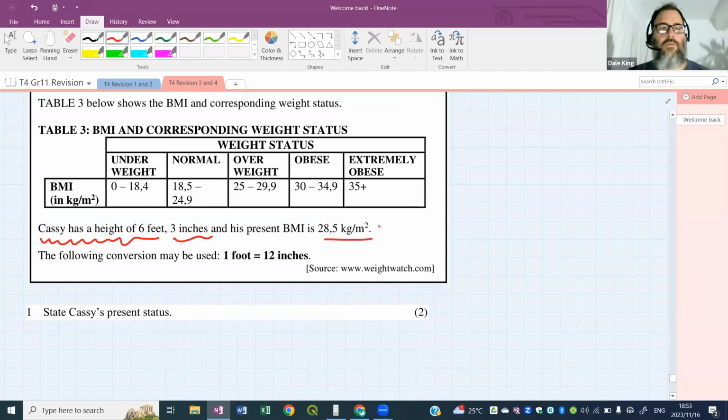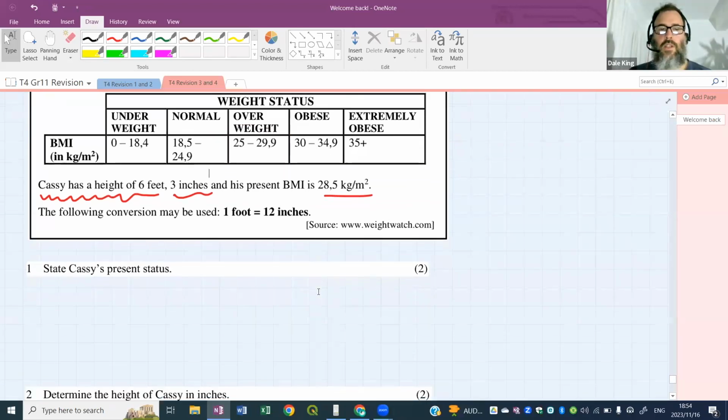Which weight status? Which one of the 5? The middle one? Yes, very good. The middle one over here, 25 to 29, we fit into that one. I'm not going to write the answer. We know which one it is.